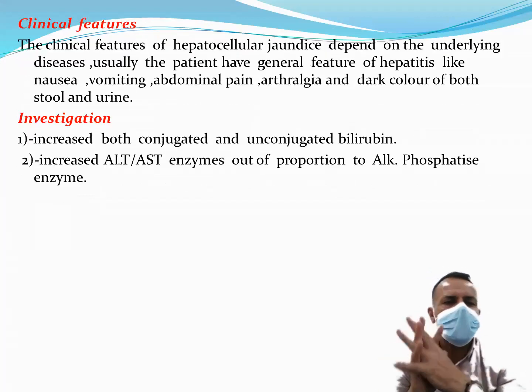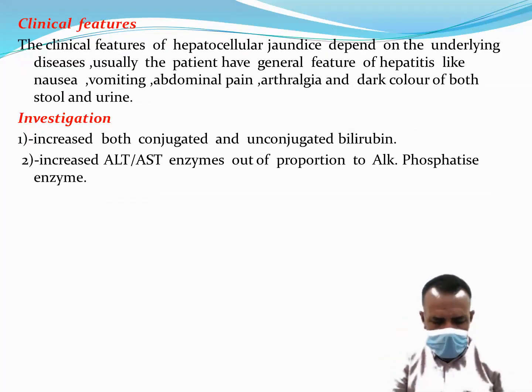The clinical features of hepatocellular jaundice depend on the underlying disease, for example Wilson disease, hepatitis B, according to the cause. Usually the patient has general features of hepatitis like nausea, vomiting, abdominal pain, arthralgia, and dark color of both urine and stool.